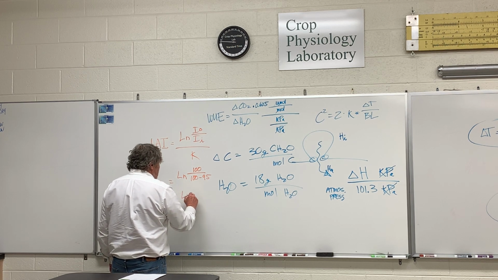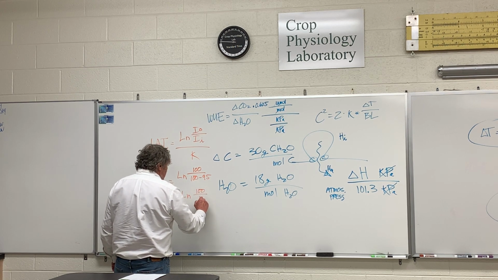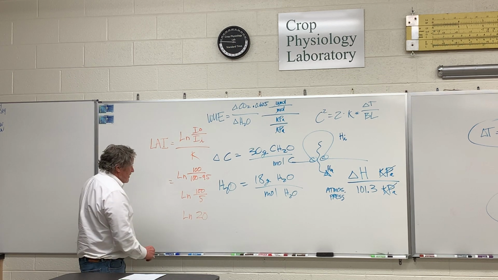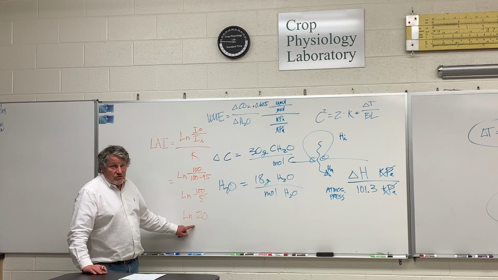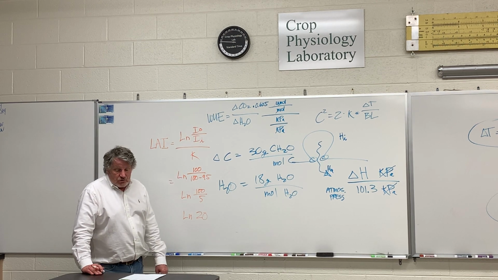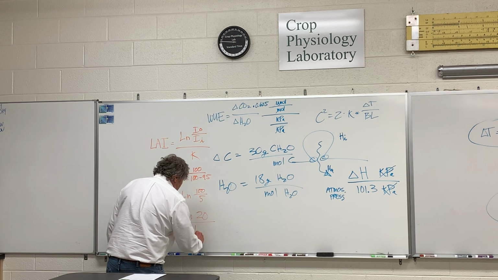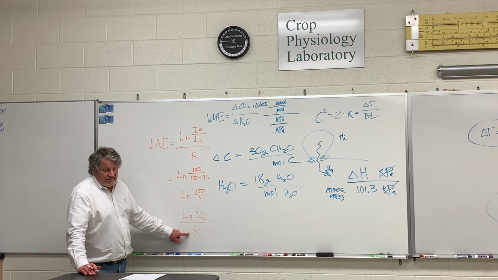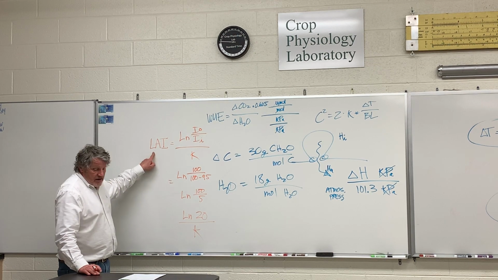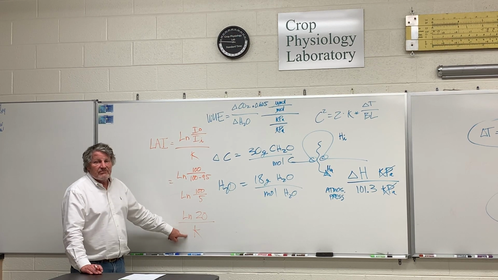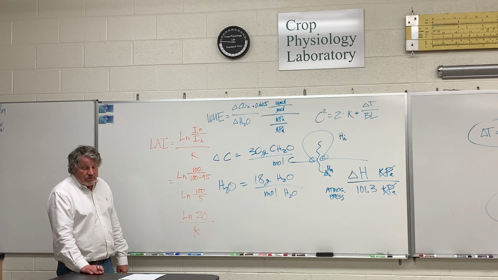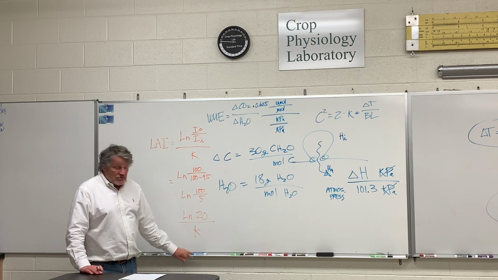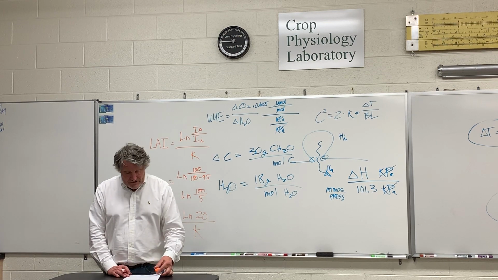So this is the natural log of 100 over 5, or natural log of 20. And after you get to the natural log of 20, then we put the K values into the equation. And the vertical leaf comes out to be a K of 10, and the horizontal leaf comes out to be a K of 3.3. So this is the key for that part, rearranging this equation to solve for the unknowns.